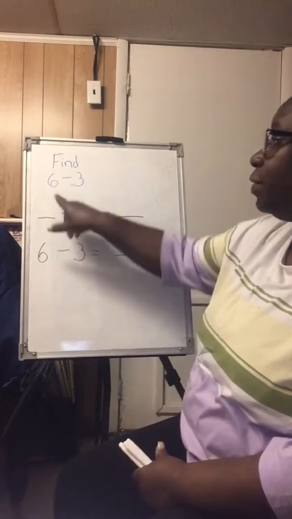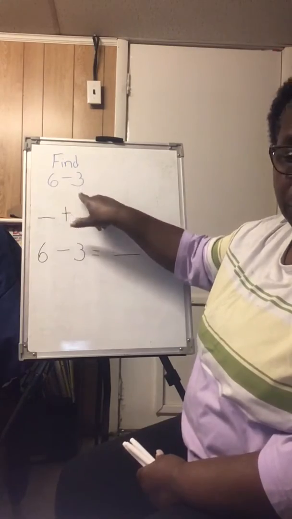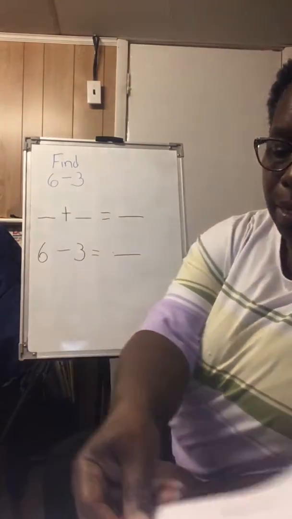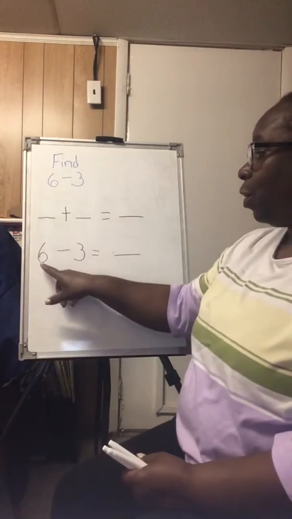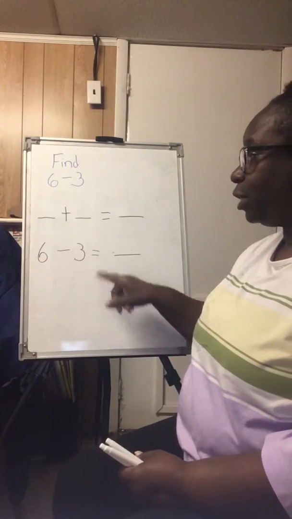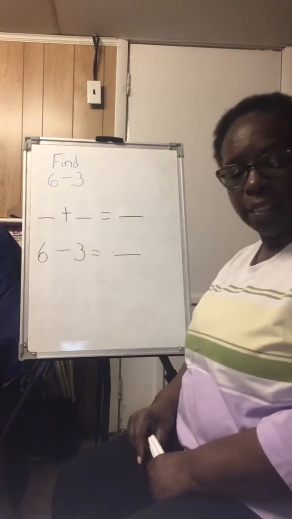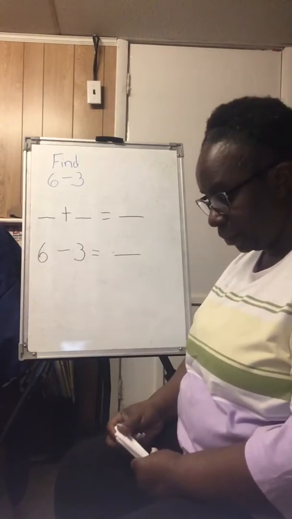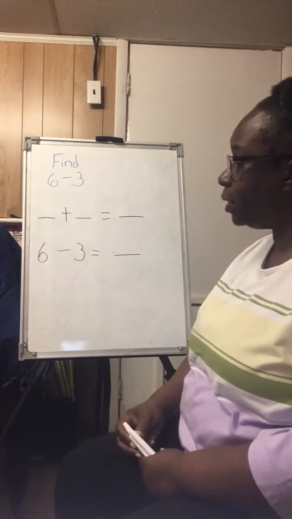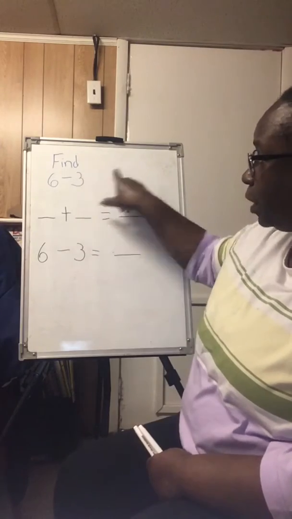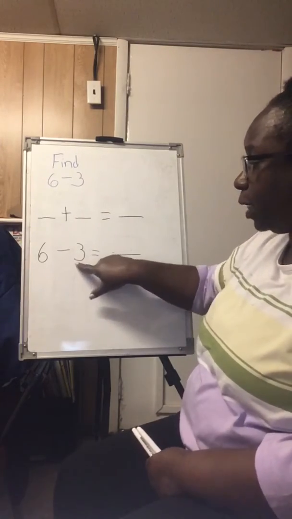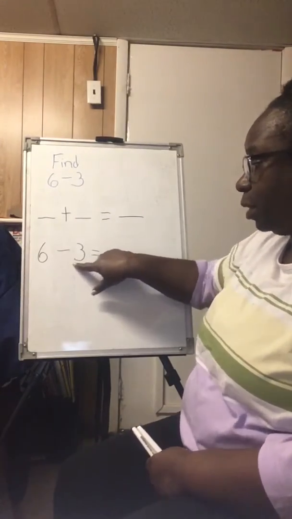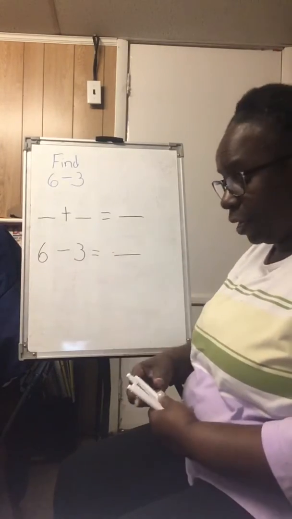So it gave us 6 minus 3. So we have to figure out our whole addition problem and then do our subtraction. Okay, so we got 6 blocks in all. We're going to put up 6 blocks in all. So we know, looking at our subtraction problem, that there's 3 already there.